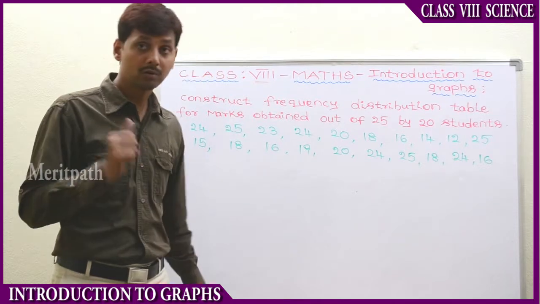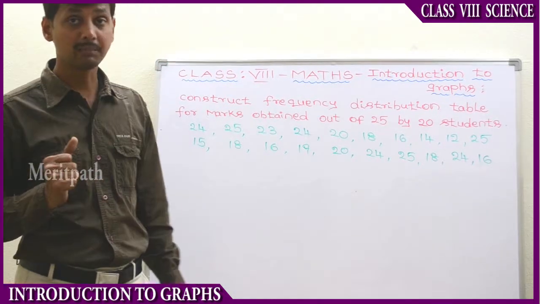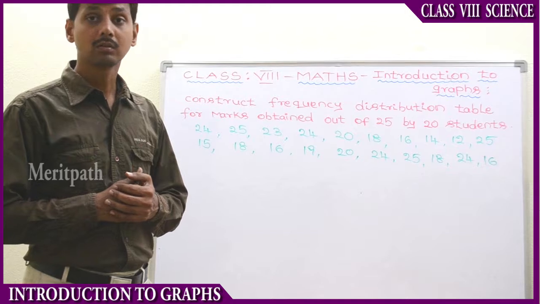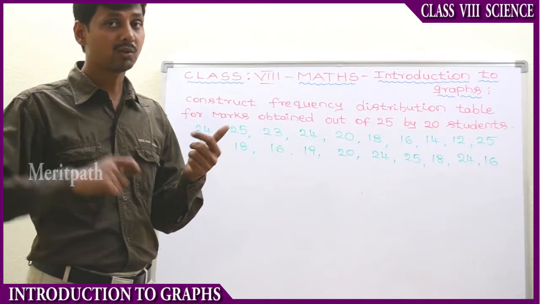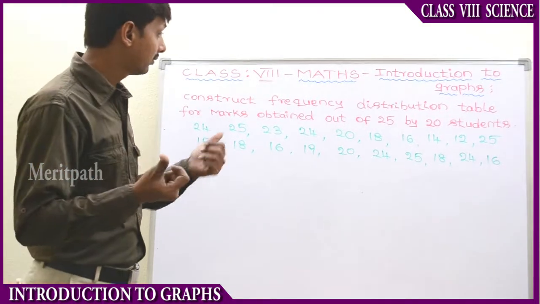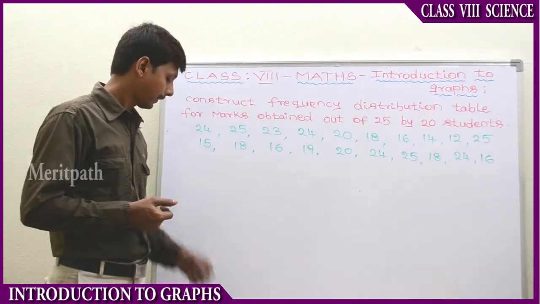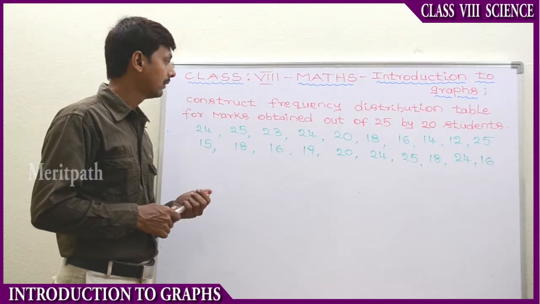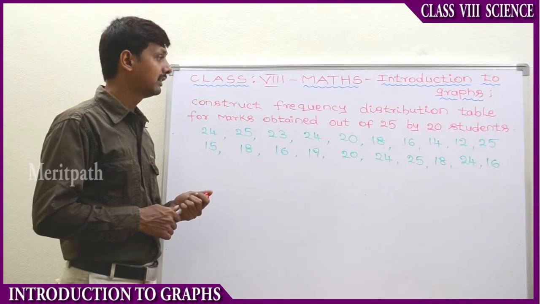First, before finding the frequency distribution table, we need to know the least mark and the highest mark. Observe what is the least mark here. The least mark here is 12.